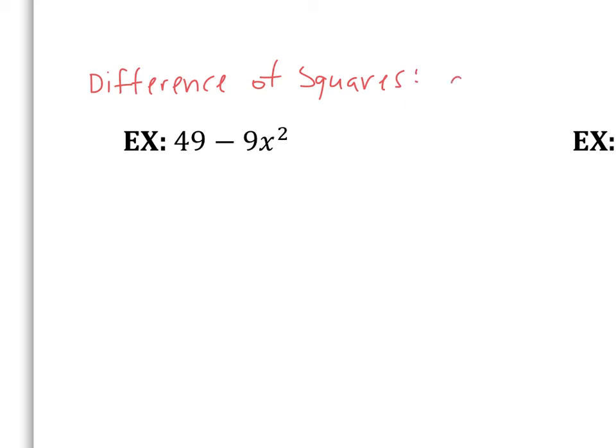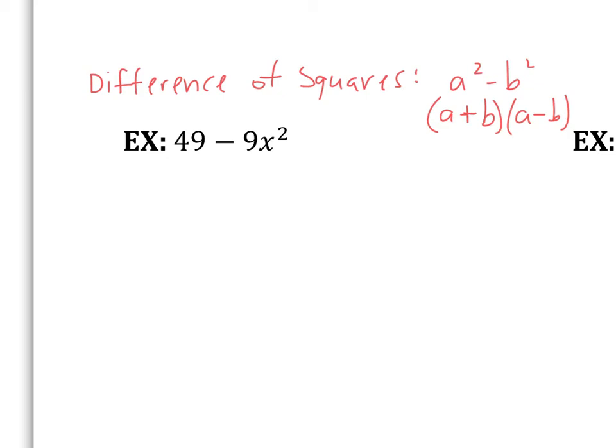So if I have a squared minus b squared, it's going to factor as the square root of my first term, which is a, the square root of my second term, which is b, and then one factor is a plus, the other is a minus. So a plus b, a minus b. All right, so if we recognize difference of squares, that's how we're going to go ahead and factor.